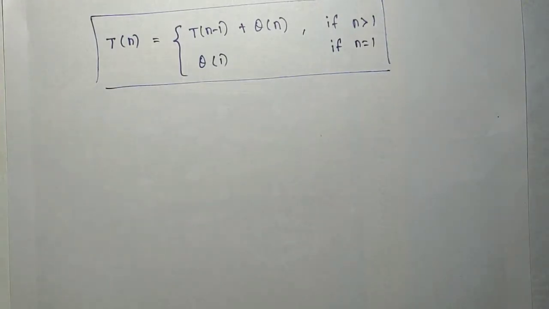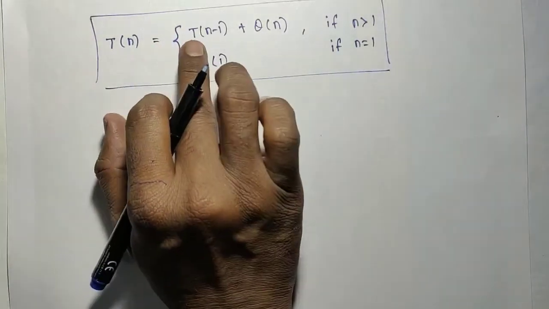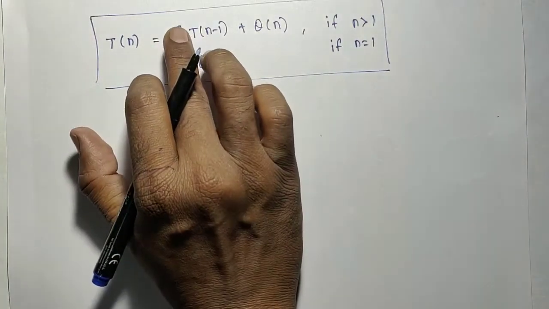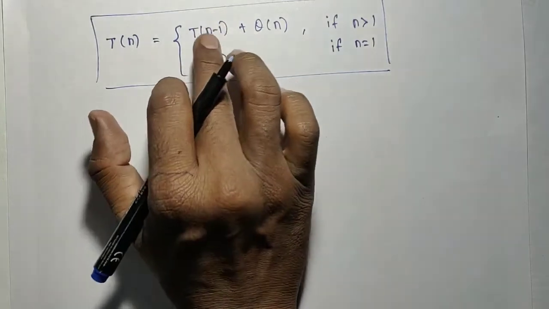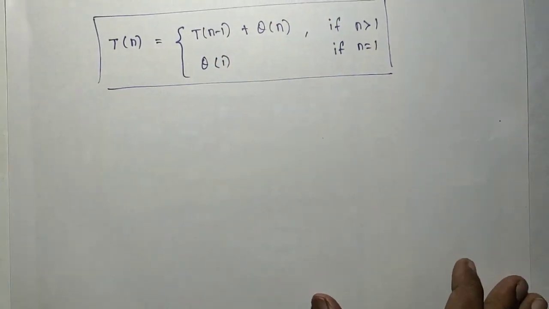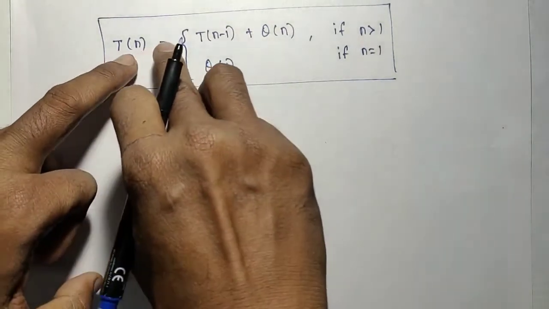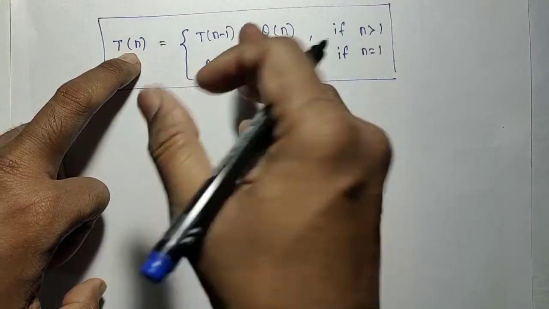Now we need to solve the recurrence. Previously we discussed a shortcut method for solving recurrences, but only if the recurrence is in the format T(n) = a·T(n/b) + something, where n is divided by some constant for the subproblem. Only then can we apply that shortcut method. But here the subproblem size is not in that divided format.